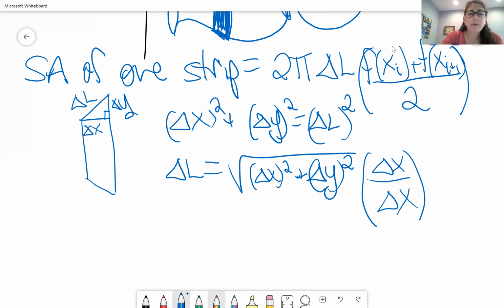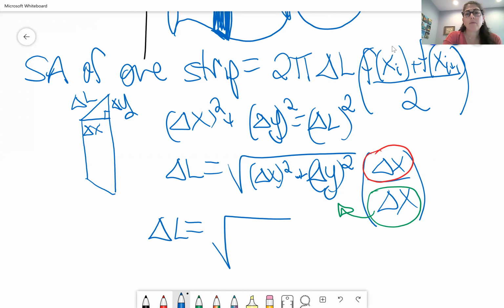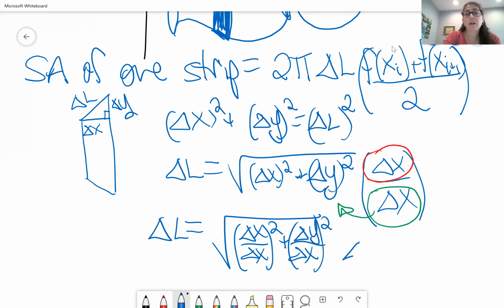If I keep this delta x outside of the radical sign and I move this delta x inside the radical sign, then my delta L becomes the square root of (delta x over delta x) squared plus (delta y over delta x) squared, with another delta x on the outside.